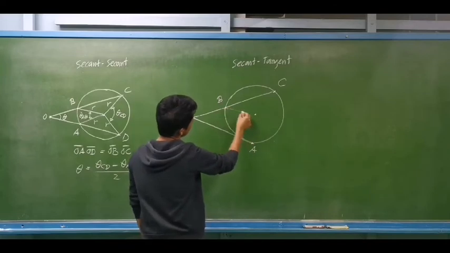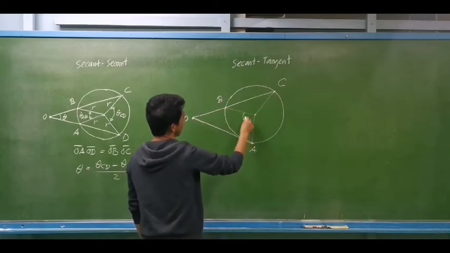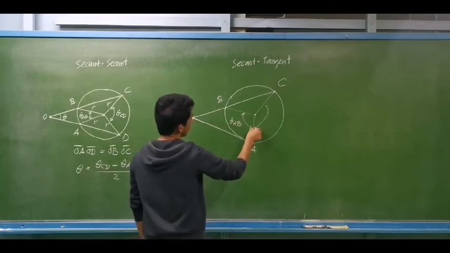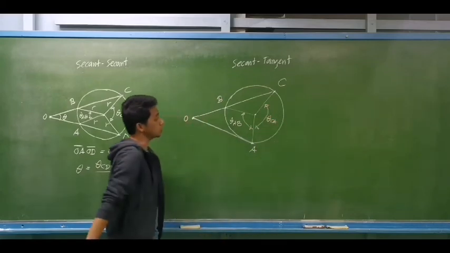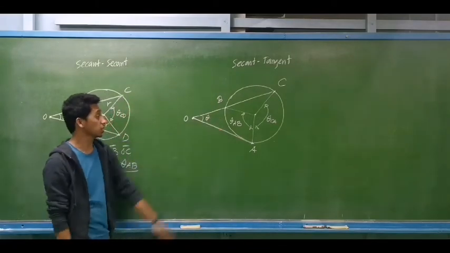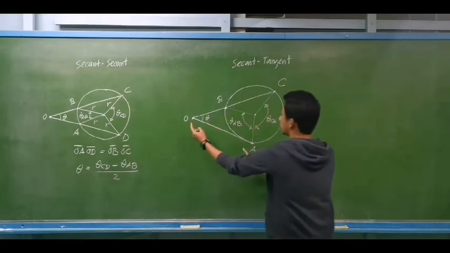Mula sa center, gawa tayo ng mga angles. So let's say this is theta AB. Ito naman si theta CA or theta AC. Ito naman yung angle between the tangent and the secant. Okay, how do we compute for the distances? Take note, unahin natin yung tangent.